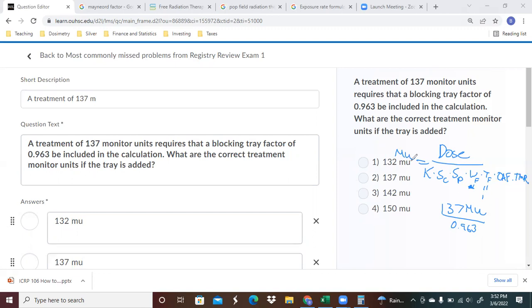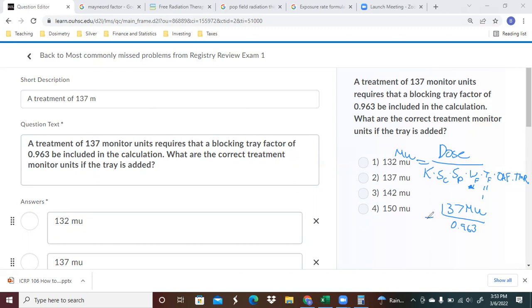So the number of MUs will have to be increased, because the blocking tray factor reduces the amount of dose that actually hits the target. We're going to take the number of monitor units and pump them up by a factor in order to get the correct number.